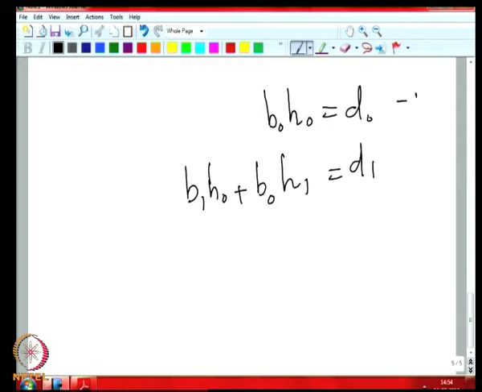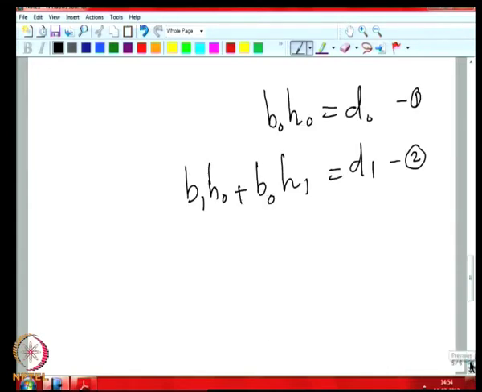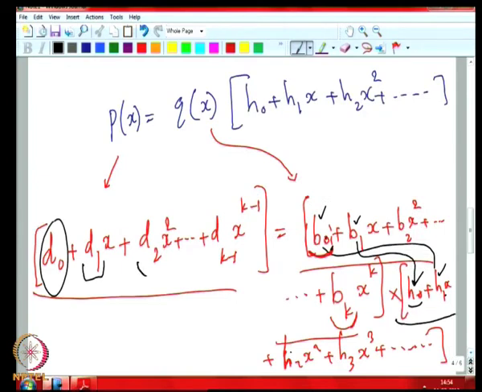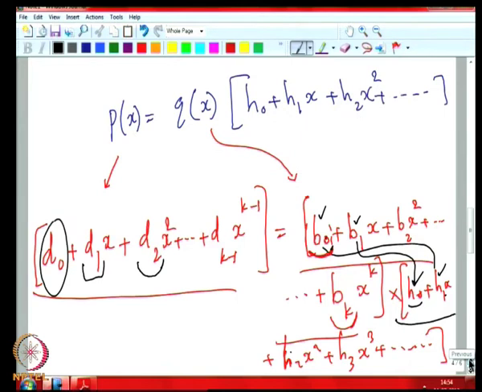So these are the equations 1, these are the equations 2. Now we can compare the terms corresponding to the coefficient of x square. So d2 is the coefficient of x square. d2 will be equal to b0 into h2, because b0 h2 will make it, and now from here b1 into h1, b2 into h0.